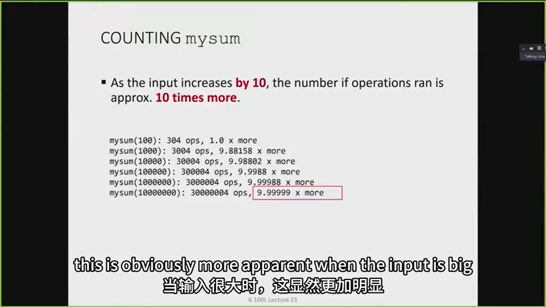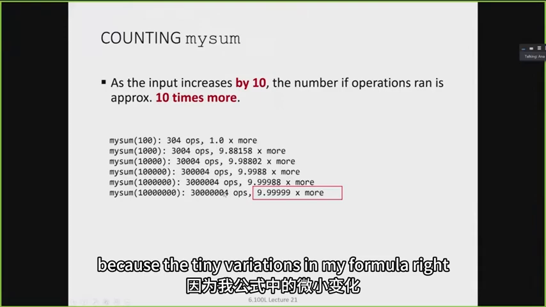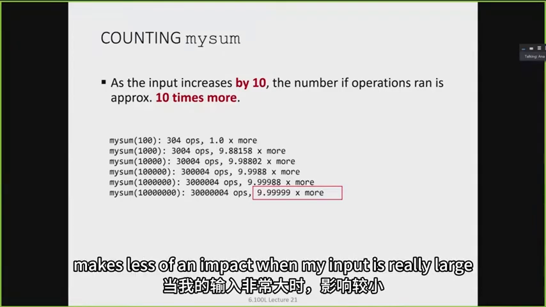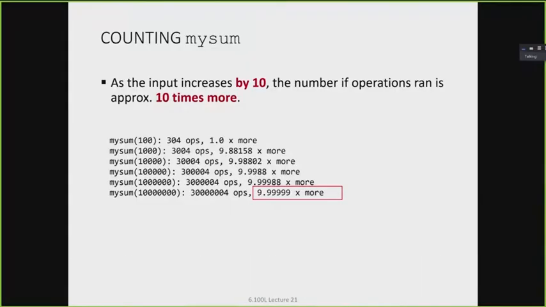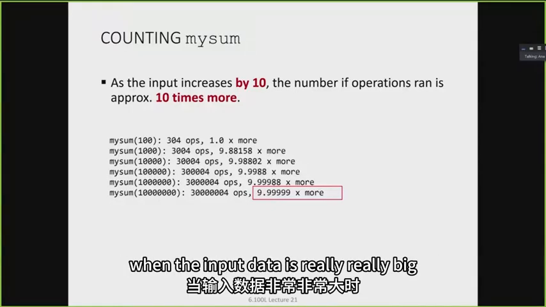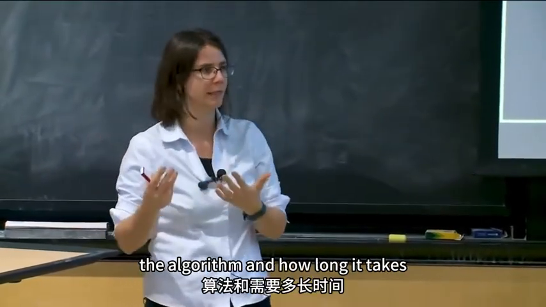This is obviously more apparent when the input is big because the tiny variations in my formula, right, the plus 4 specifically, make less of an impact when my input is really large. And this is kind of going in line with our motivation. When the input data is really, really big, what I'd like to report is sort of the algorithm and how long it takes.